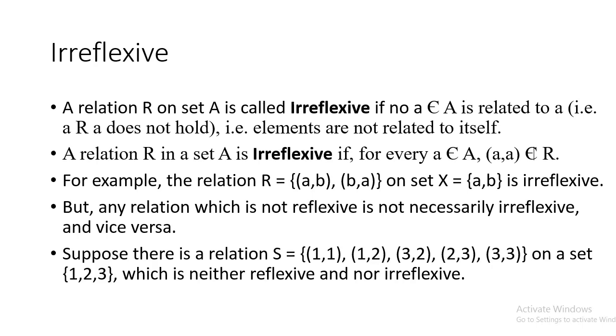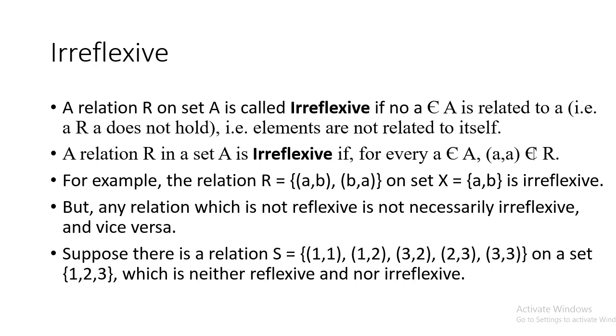To make a relation reflexive, we have to include all the pairs where elements are related to themselves. In this relation, 1 and 3 are related to themselves, but the pair (2,2) does not exist in S. That's why this relation S is not reflexive.